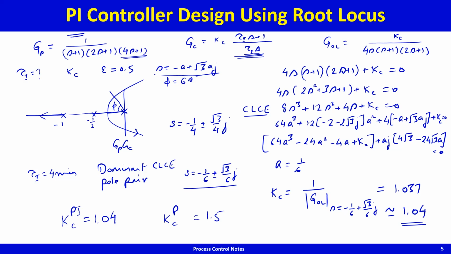Now I'd like to comment a little bit about this choice of 4 minutes, or placing the zero at the slowest open loop pole. To understand that, there is actually an open loop pole here at -1/4.